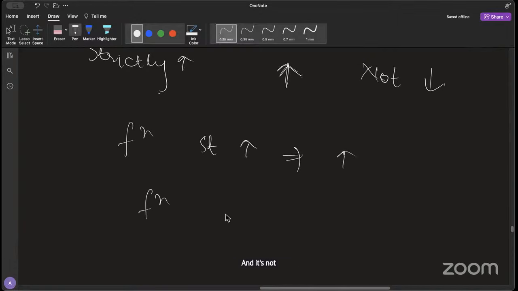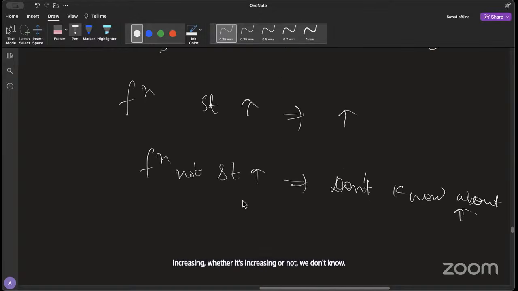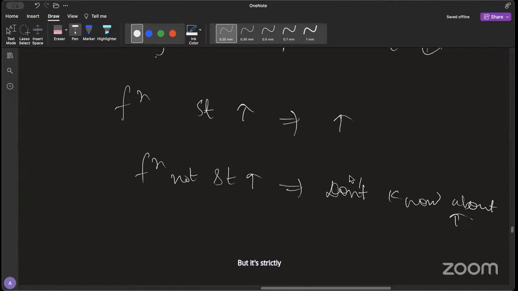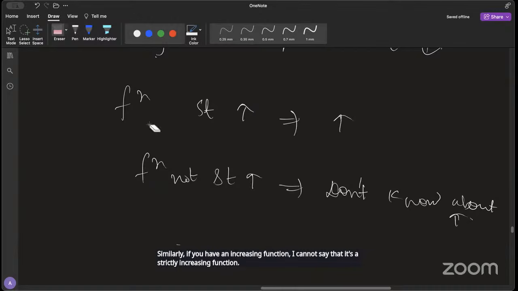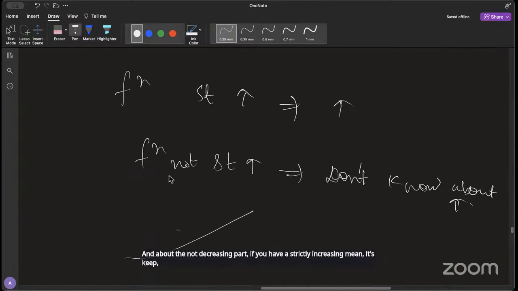But if I say a function is not strictly increasing, then I don't know whether it's increasing or not. A not strictly increasing function can be increasing or it can't be. But a strictly increasing function is always increasing. Similarly, if you have an increasing function, I cannot say that it's strictly increasing. Strictly increasing means it keeps increasing, and non-decreasing means it should not decrease. That's it.